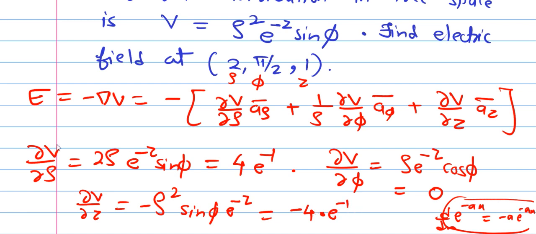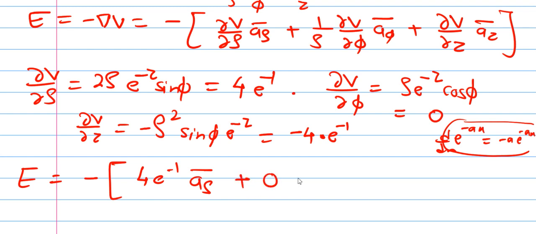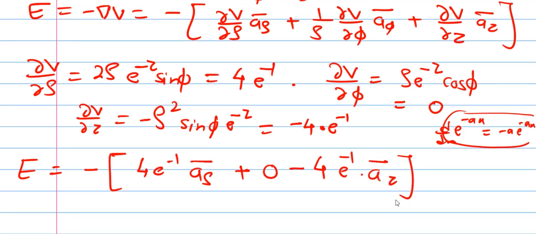So substitute all this in the formula. Electric field E equal to minus of, so this is 4 e raised to minus 1 a rho vector plus 0 minus 4 e raised to minus 1 az vector. Multiply with the minus sign.